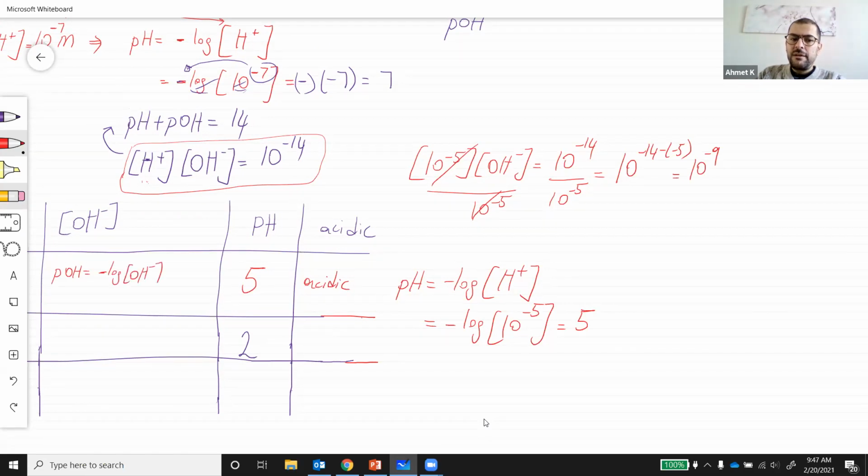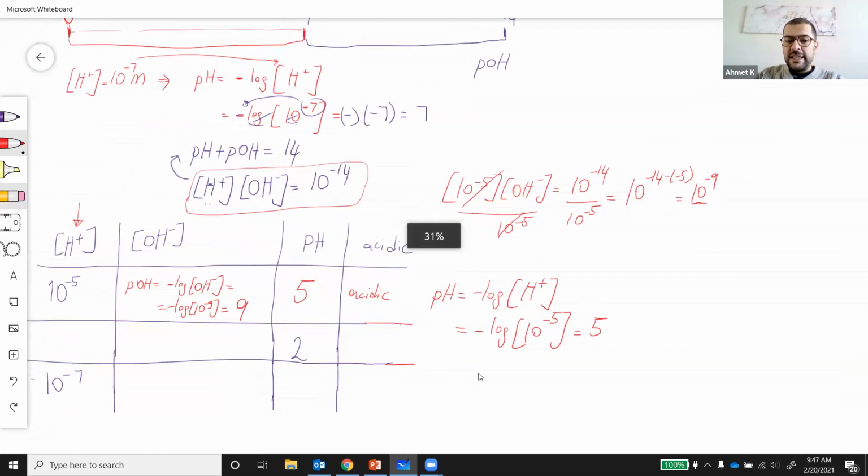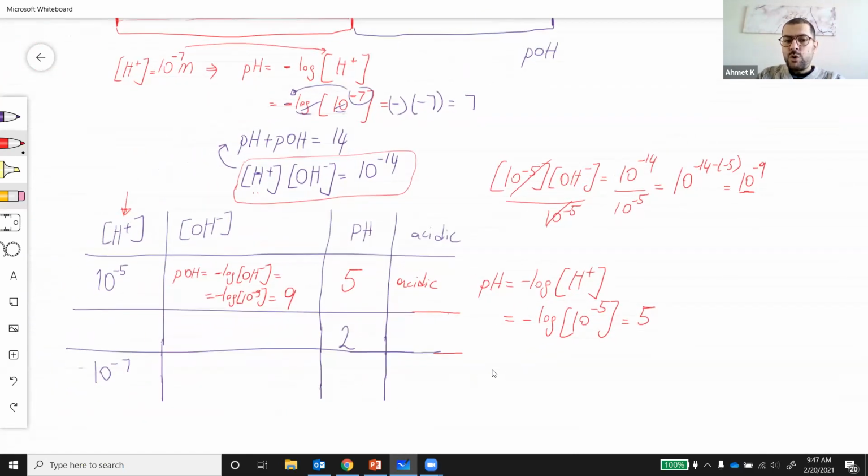If you do the math, it's 10 to the negative 9, so you're going to get 9. Also, as Timothy was saying, this has to add up to 14. As you can see, pH plus pOH adds up to 14. But here, they are just asking the OH concentration, actually.